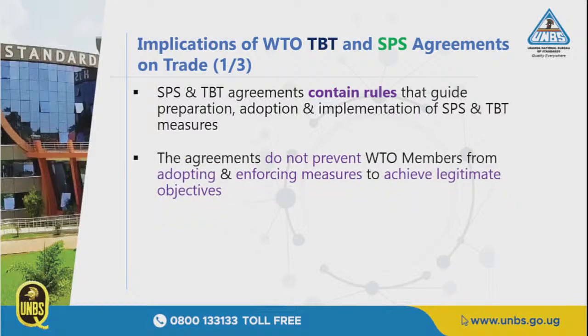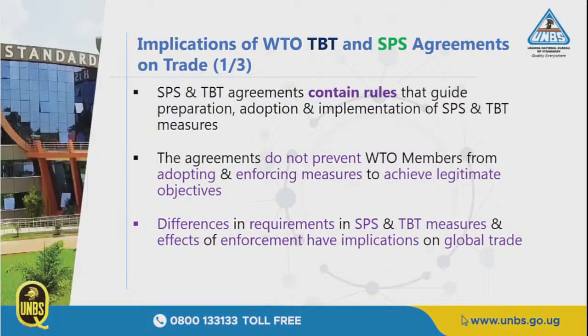As I mentioned earlier, the agreements also do not prevent countries from adopting and enforcing measures to achieve legitimate objectives: protection of human health, protection of the environment, protection of plant life or health. We are not prevented as a country, and other WTO members are also not prevented from adopting such measures.